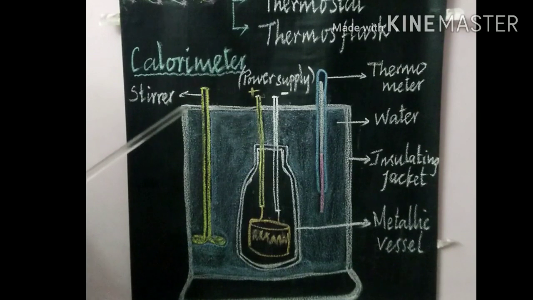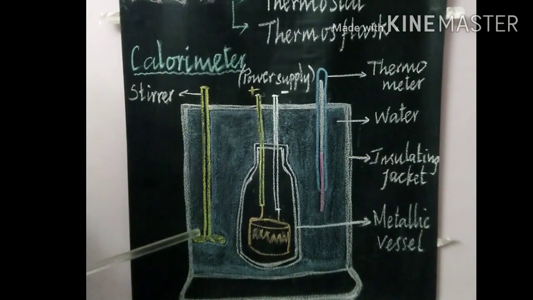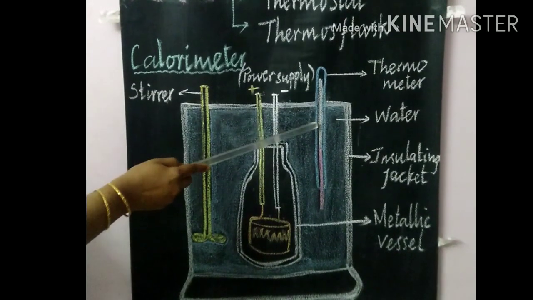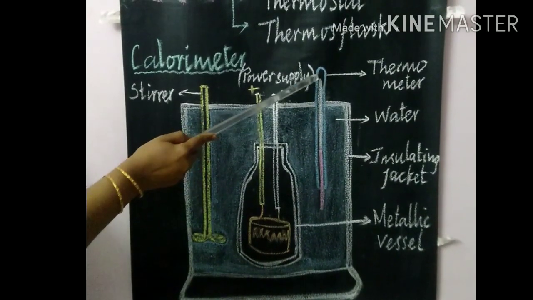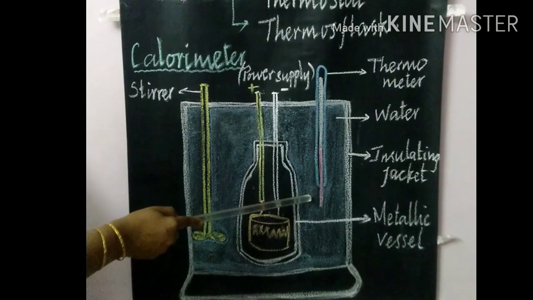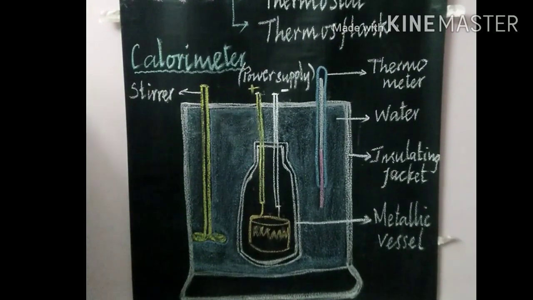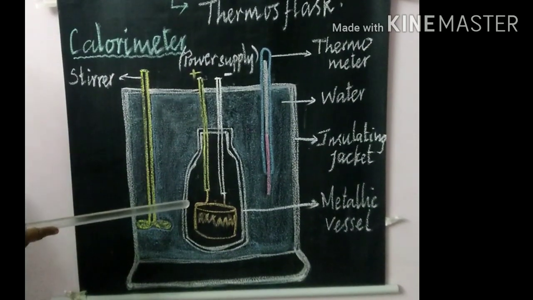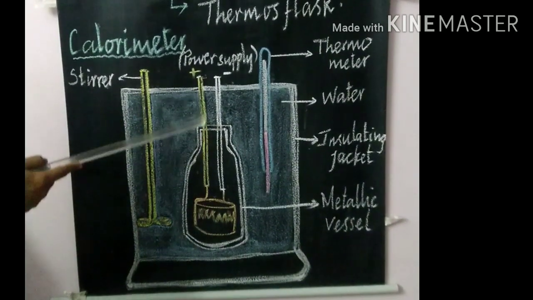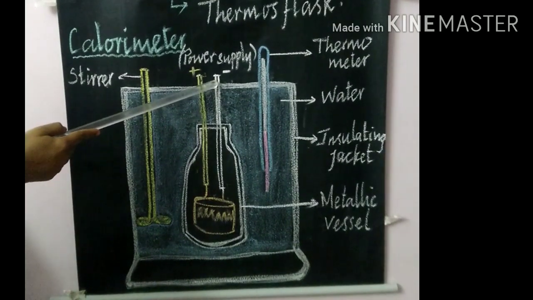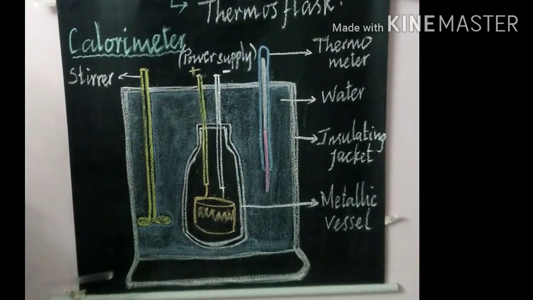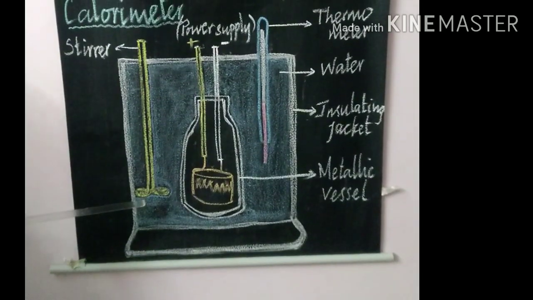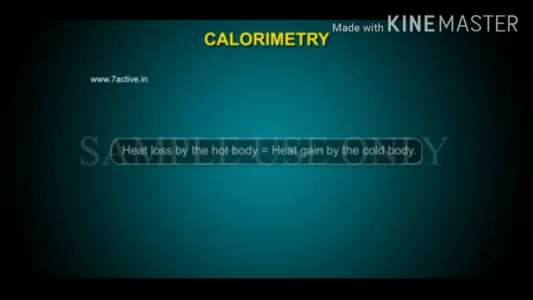Through one hole, a stirrer is inserted to mix the water. Through the second hole, a thermometer is fixed, which is used to measure the heat absorbed. The vessel is filled with liquid, which is heated by passing current through the heating element. Using this device, we can measure the heat capacity of the given liquid or solid in the container.